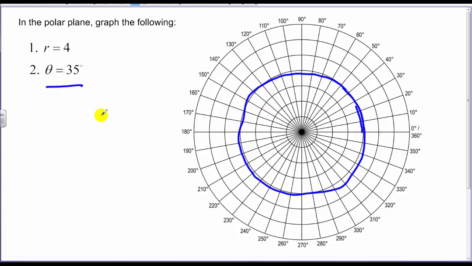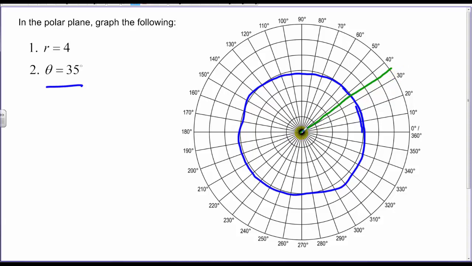Now if I want an angle value of 35 degrees to always hold true, well, 35 degrees is right around here in between these two, and everywhere on this line I'm going to have a value of 35 degrees. My r will always change, but my angle holds true.